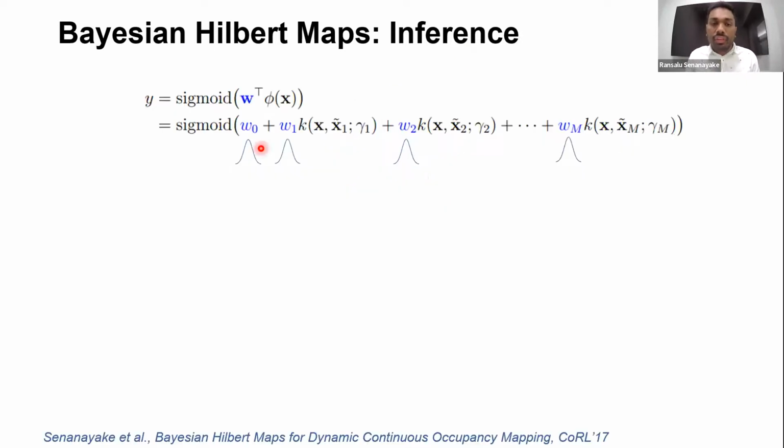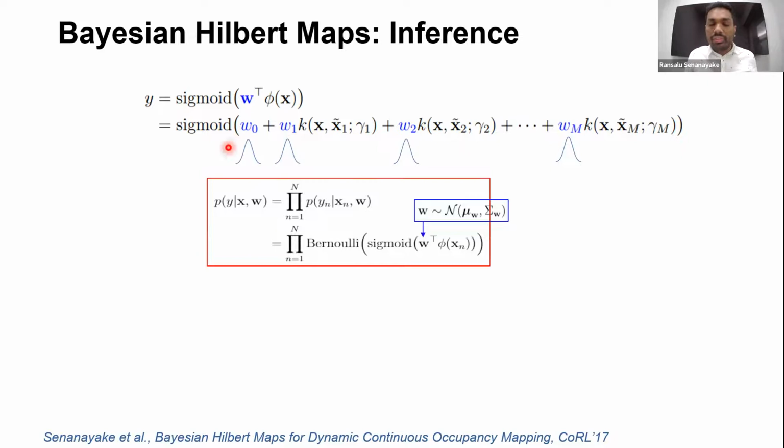Okay, let's come to inference. In this case, I just consider a linear model, and I have this non-linearity because I'm looking at occupancy. Occupancy is binary, occupied or not. That is why I have sigma. To get the epistemic uncertainty, I introduce probability distributions over the weights. If you think about neural networks, you just need probability distributions over the weights of the neural network. In this case, it's simple.